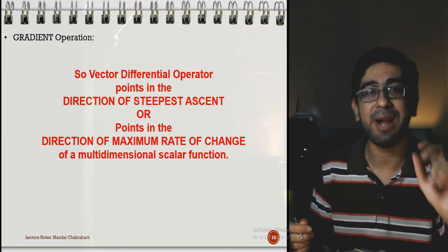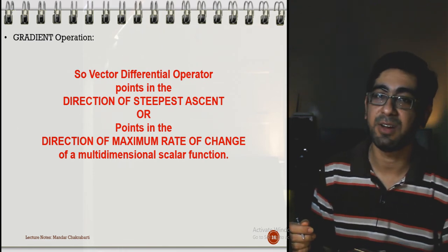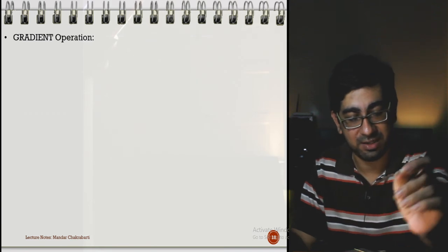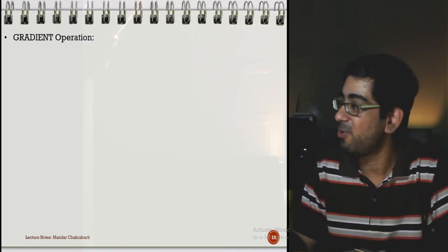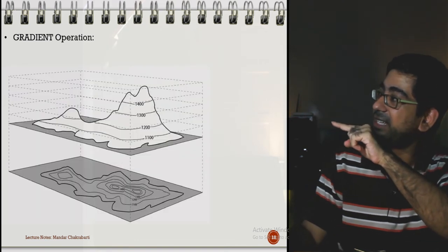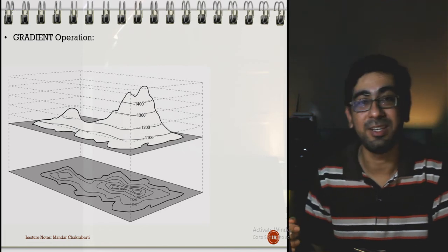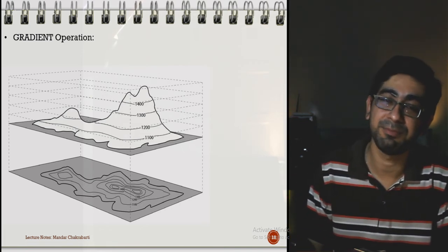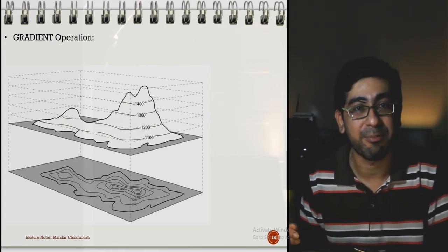Let me give you now a practical example where this gradient function can be applied. I want you to think about your basic geography lessons. You have gone through something like this. This was the slope of some maps. This is known as a contour map, right?